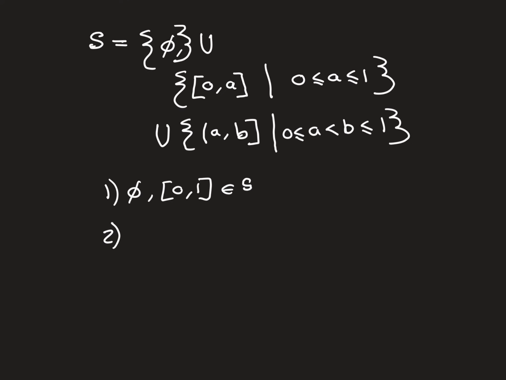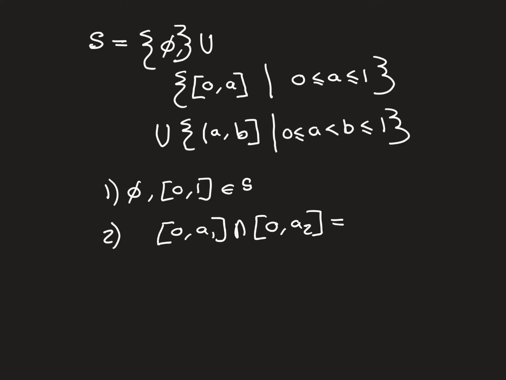2. Now let's see if we intersect any two things. So let's firstly think about intersecting any two elements in here. Obviously, if you intersect anything with the empty set, you'll just get the empty set, so that one's fine, so we can ignore this. Let's think about intersecting any two of these together. So they all start at 0, so you have 0 to A1 intersect with 0 to A2.